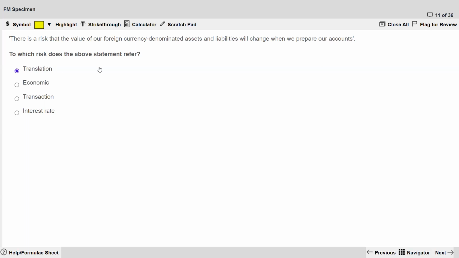Because at each year end, you translate your assets and your liabilities using the closing exchange rate. Right? Now, let's move a bit forward and discuss further.